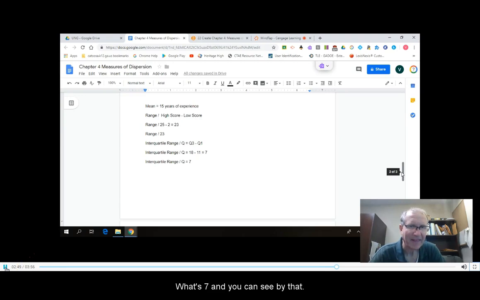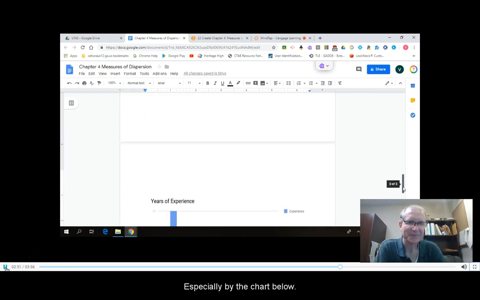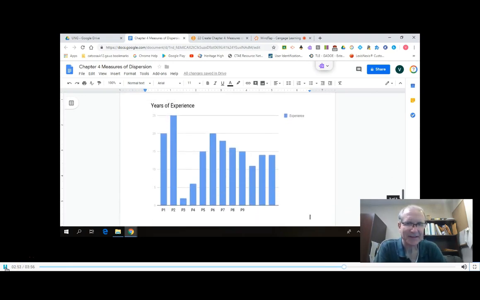And you can see by that, and especially by this chart below, how the numbers get skewed. The girl who I was partnered with had 2 years of experience. She'd only been an officer for 2 years and got to go to this training. I've been doing this for 20 years. Another guy had been in it 25 years. But you can see that on average, we were all pretty comparable in terms of years of experience.